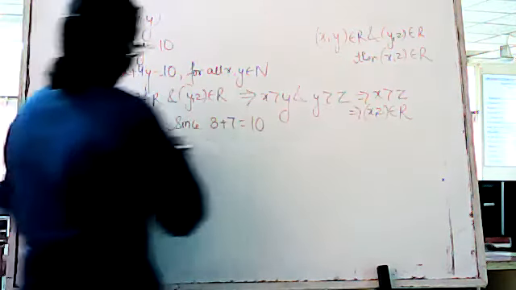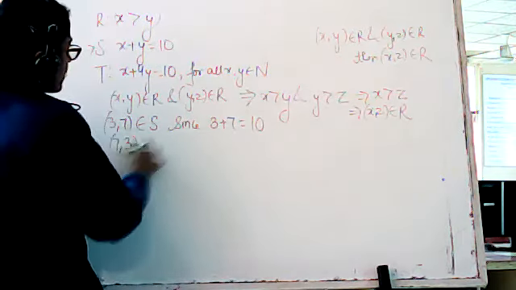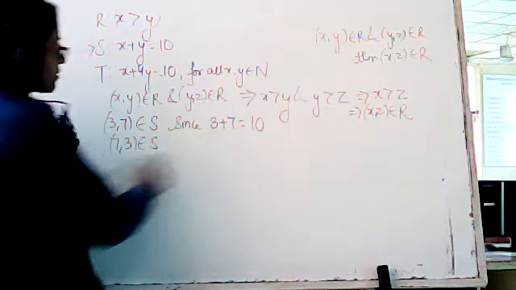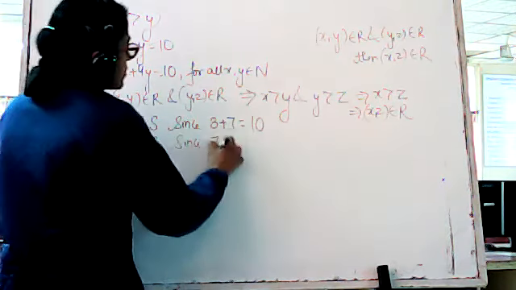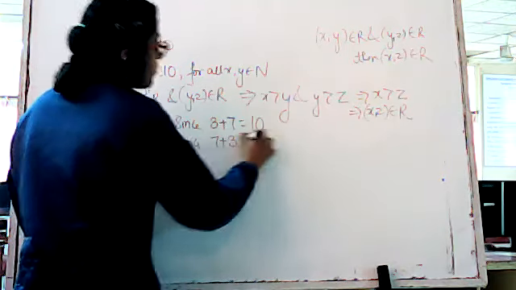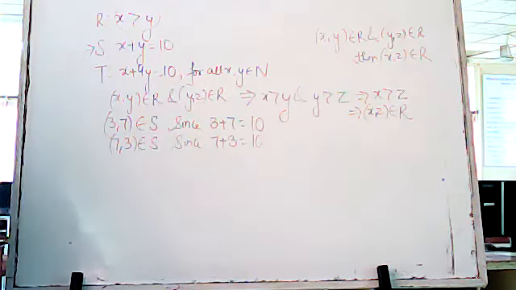Also, ordered pair 7, 3 belongs to relation S, since 7 plus 3 is also 10.